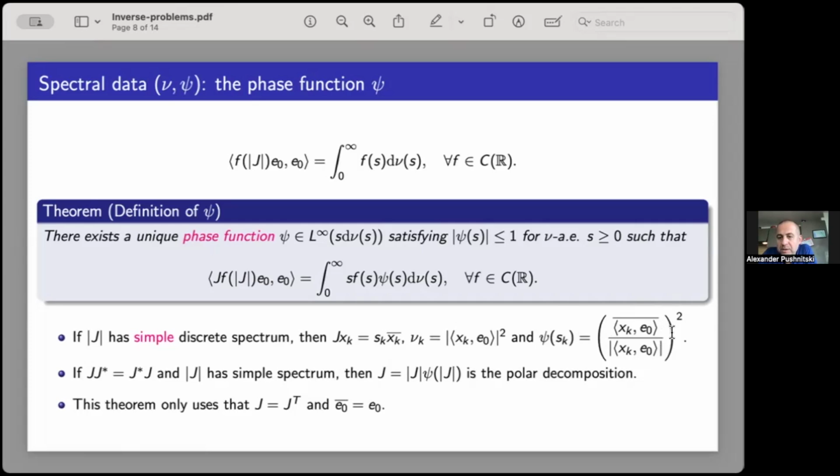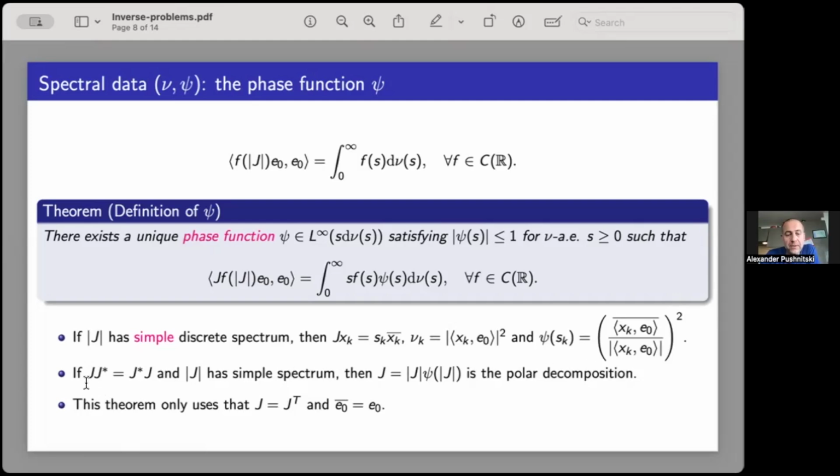It's an angle, right? It's a thing of modulus 1, because I have some quantity divided by the absolute value of the same quantity. So it suggests that this is some sort of angle related to the relative position in the Hilbert space between the kth eigenfunction and this vector E naught of the standard basis.